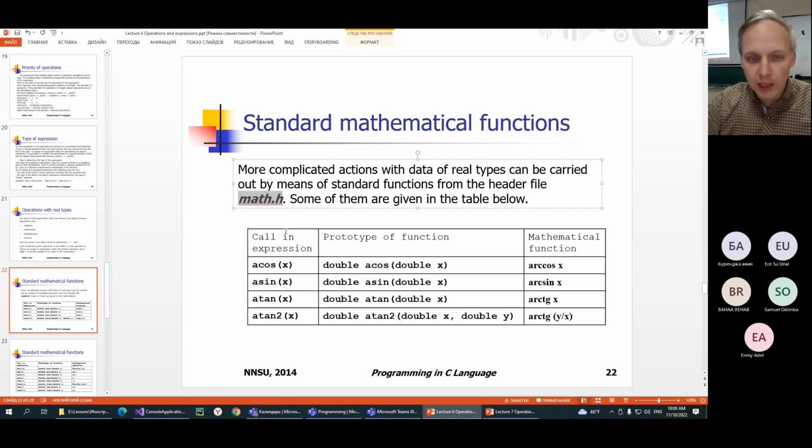Of course, it's not a complete table, but in it you may find maybe the most useful operations. All of the trigonometric functions like arc cos, arc sine, and so on.